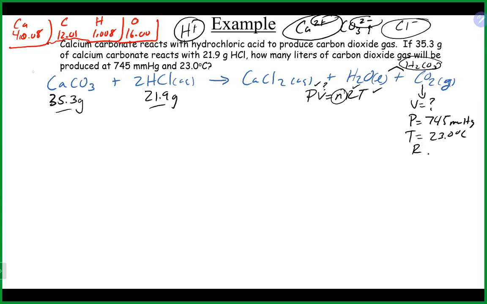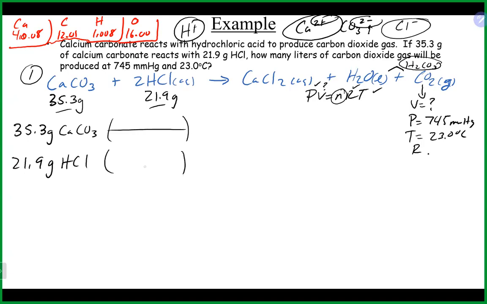Once again, it doesn't matter where you start. We want the equation, which we now have balanced. We want to take what they gave us and convert it into moles. So we'll take our calcium carbonate, and we'll also take our 21.9 grams of HCl. We will go to the periodic table and calculate the molar mass of each.